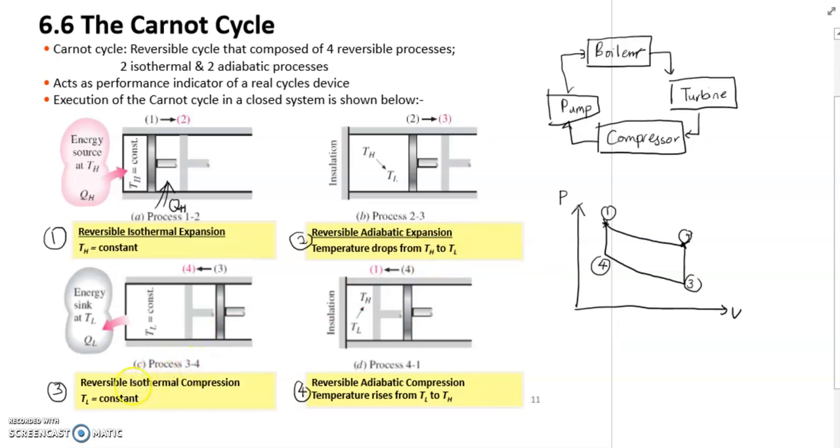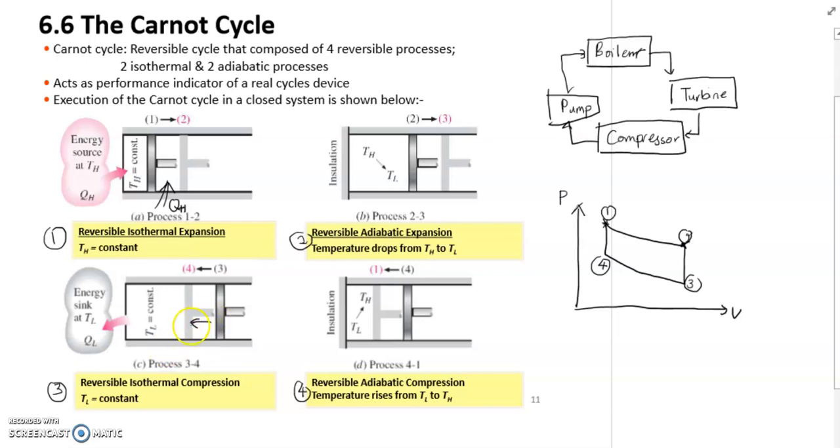Next, from process 3 to 4, we will undergo a reversible isothermal compression. At stage 3, the insulation at the cylinder head is removed. The cylinder is brought in contact with the energy sink at TL. Your piston will be pushed inward by an external force doing work on the gas.